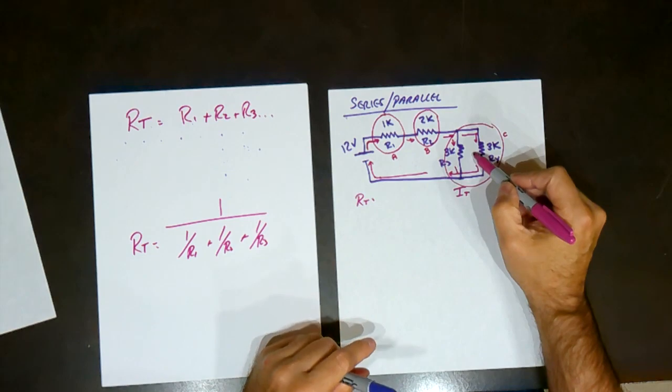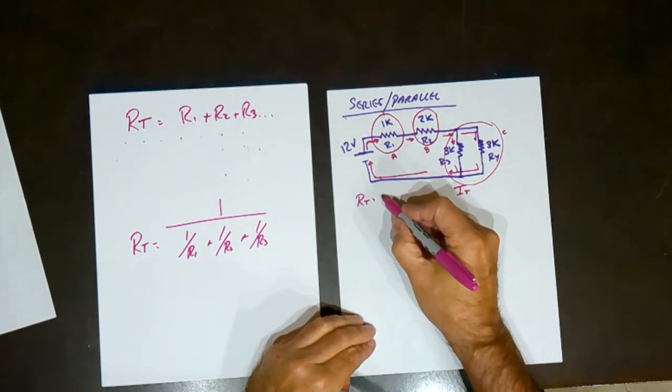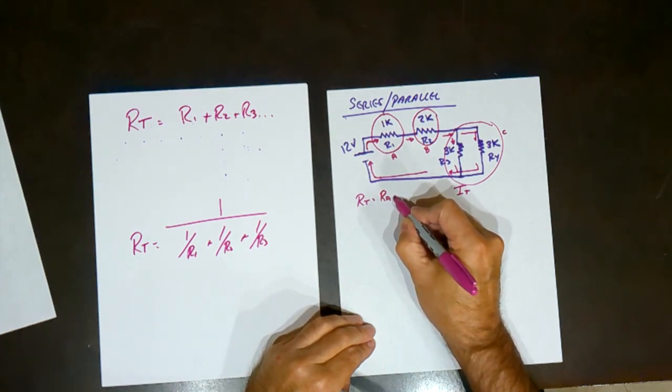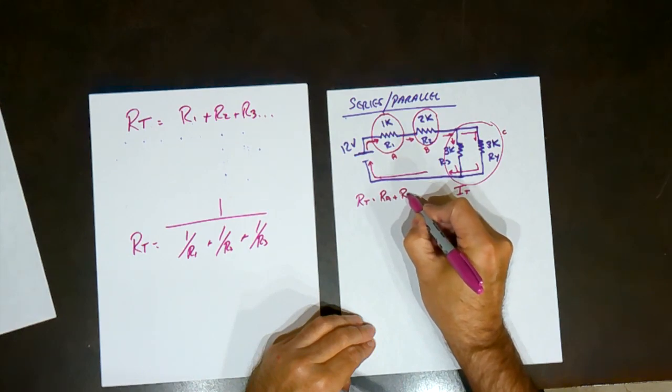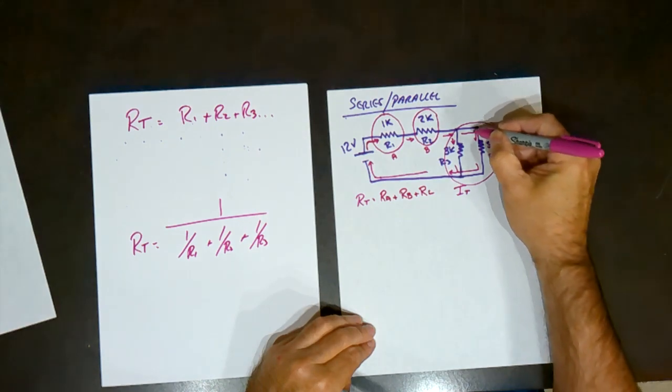That makes these obstacles in series. So our total would be the resistance inside bubble A plus the resistance inside bubble B plus the resistance inside bubble C.